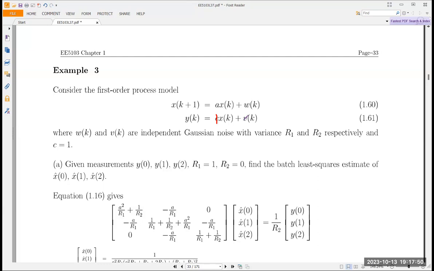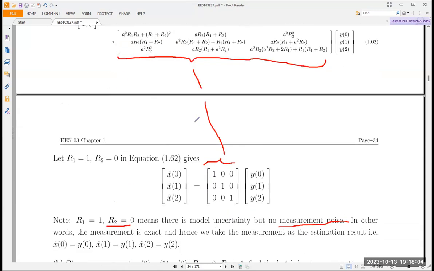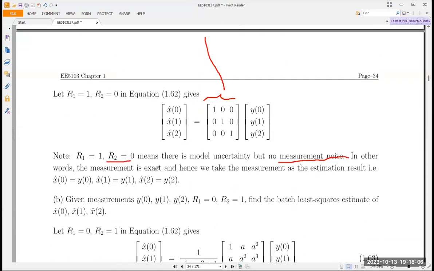Of course, if people ask you for your estimate, you will take your $10,000 temperature gun and say, okay, my estimate is according to the $10,000 temperature gun. That's what it is giving you the result. In words, we will just say there's no model uncertainty, no measurement noise.